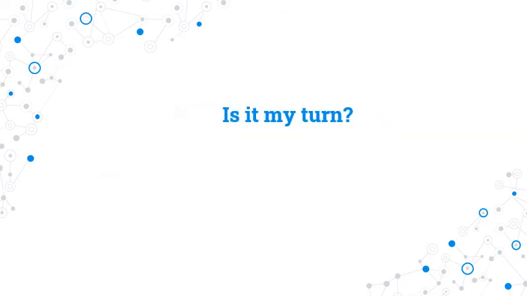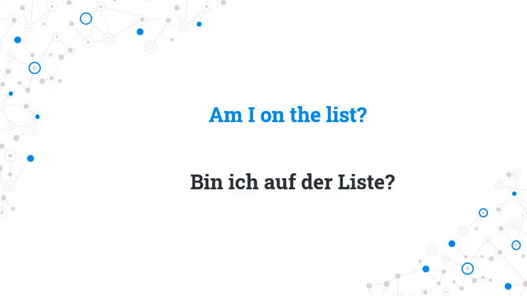How do you say, is it my turn, in German? Bin ich an der Reihe? How do you say, am I on the list, in German? Bin ich auf der Liste?